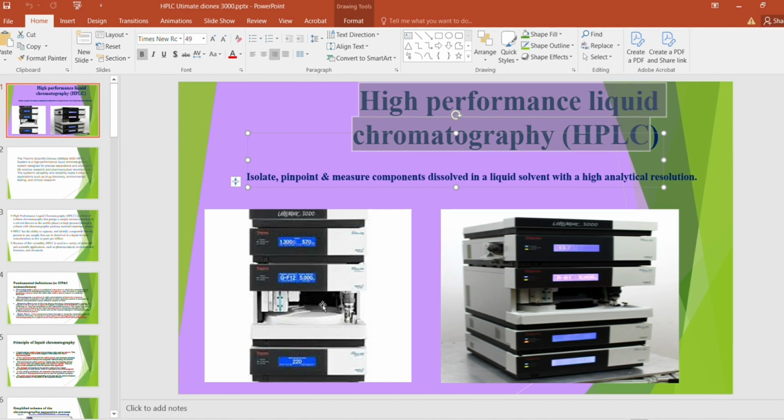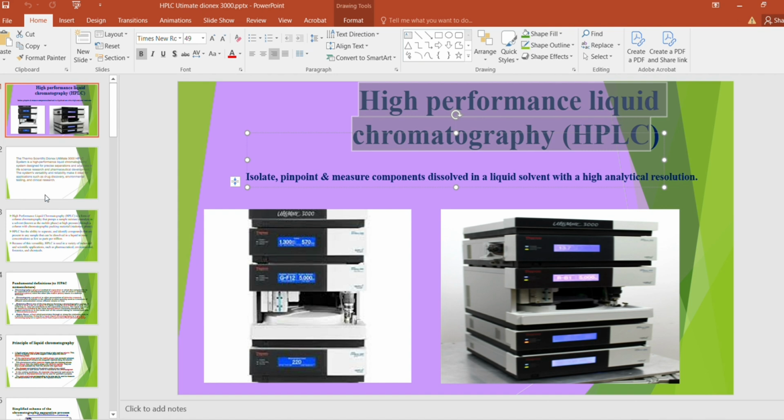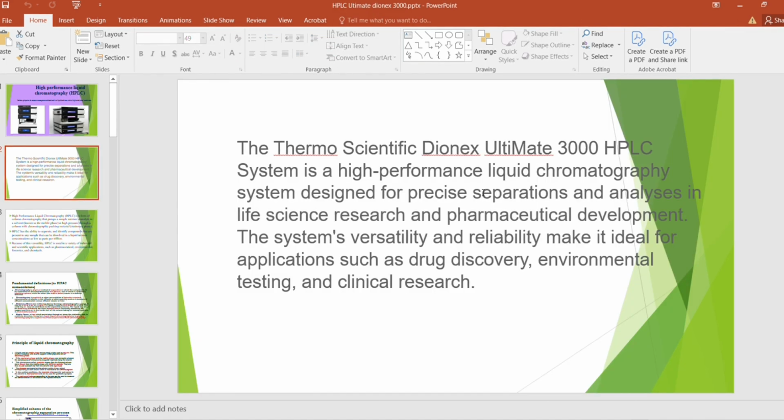Hence, the different constituents of the sample are eluted. Eluted means when the peak will arrive, or when the peak will elute, thereby the separation of sample ingredients is achieved.